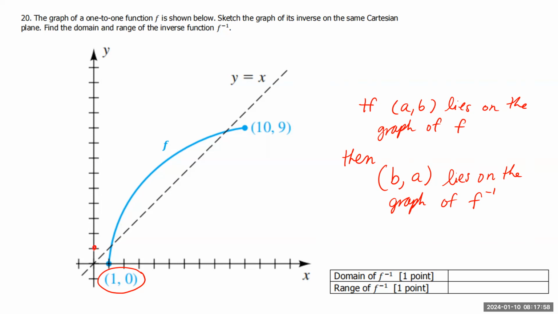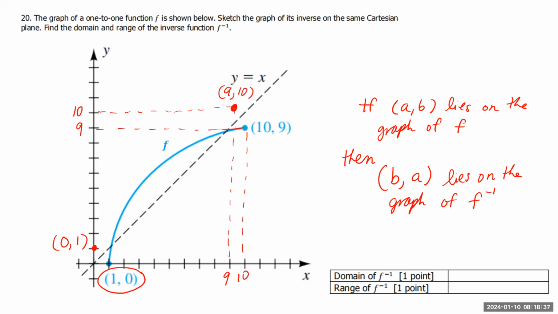It's here. This is (0, 1). Also (10, 9): if (10, 9) is on f, then (9, 10) should be on f inverse. Where is (9, 10)? This is 10, this is 9. So (9, 10) is here. This is (9, 10).